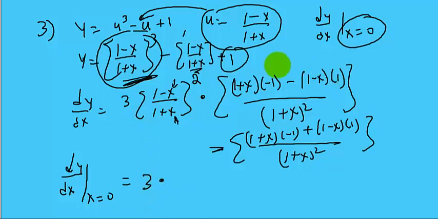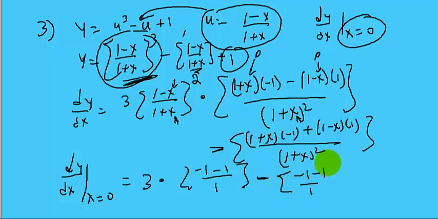Here we go. 0 here gives me 1. 1 times negative 1 is negative 1. Then 0 here gives me 1 times 1, which is 1. So negative 1 minus 1, all that over 0 here gives me 1, 1 squared is 1. And I'm going to get the same thing in the second one, so that'll be minus negative 1 minus 1 over 1.